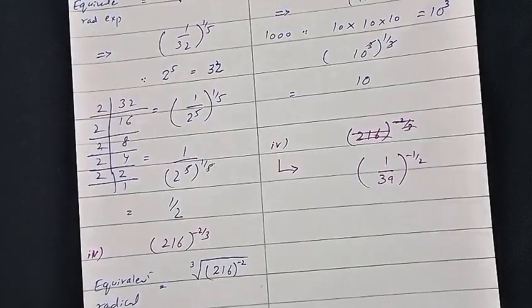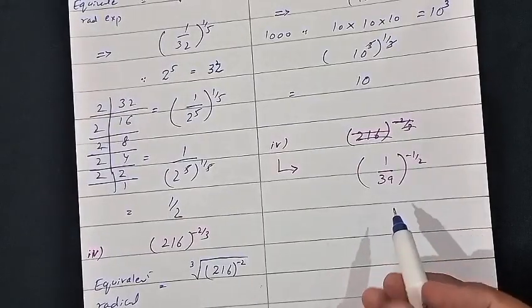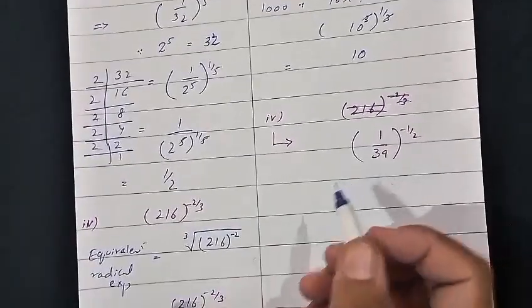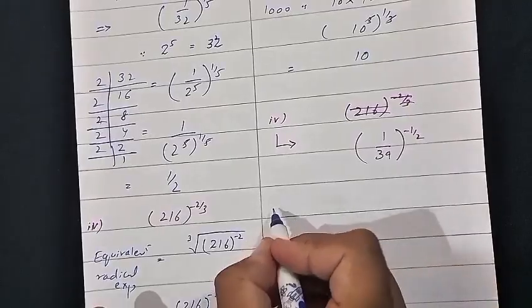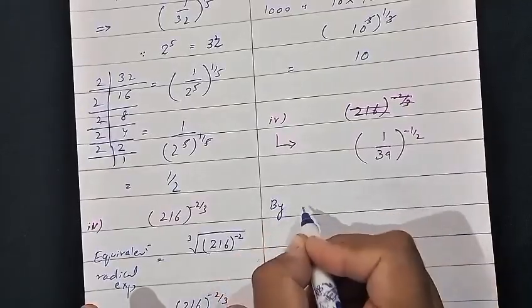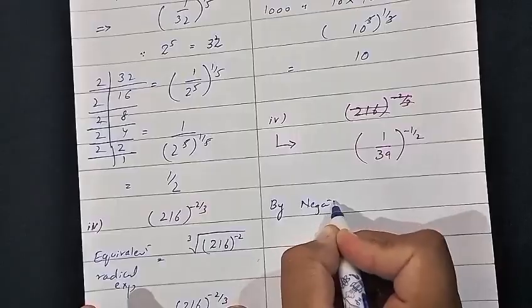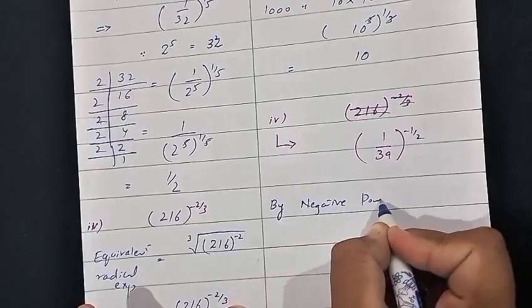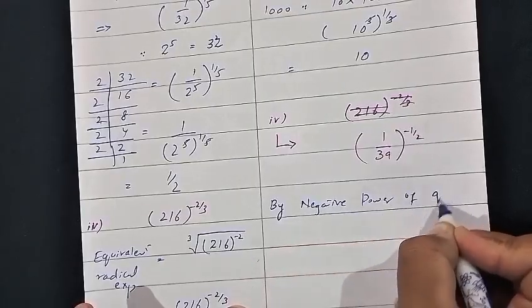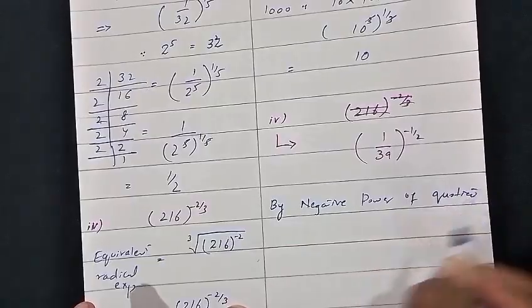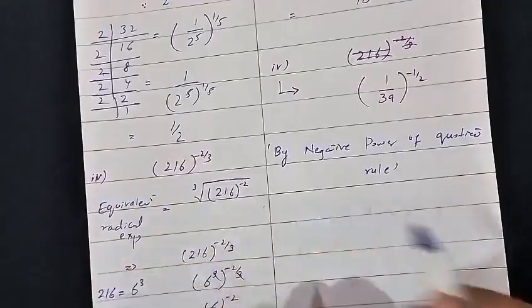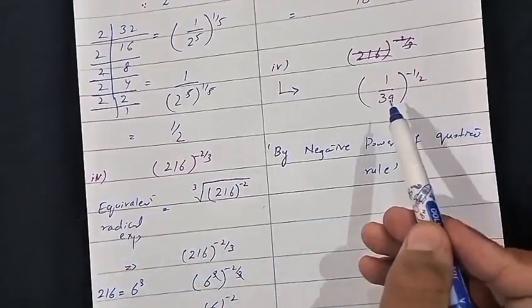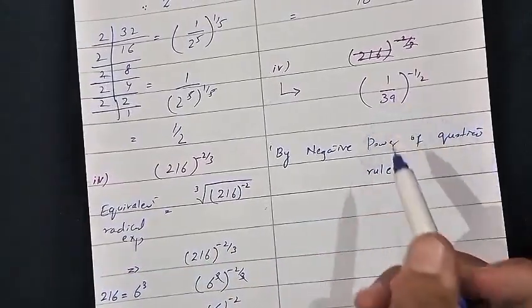So in the last part, this is the exponential expression with the negative exponent minus 1 by 2. So first we make the exponent positive by the negative power of quotient rule. How can we make the exponent positive? By interchanging the position of numerator and denominator.